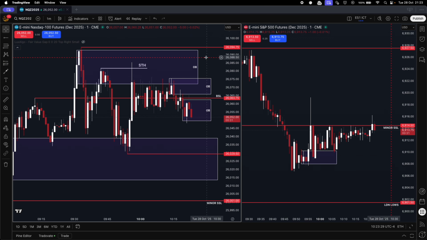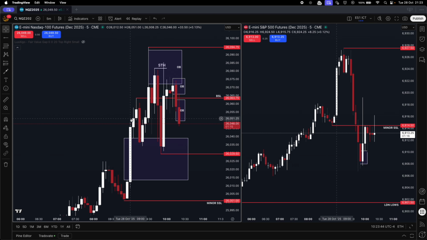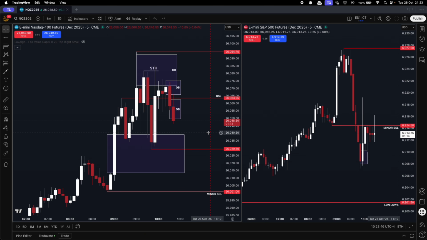Our minor buy side/sell side on the 5 minute invalidates a trade. Yeah, that's correct. So if you actually go on the 5 minute time frame, these 5 minute highs and lows are not points of price to shift market structure.